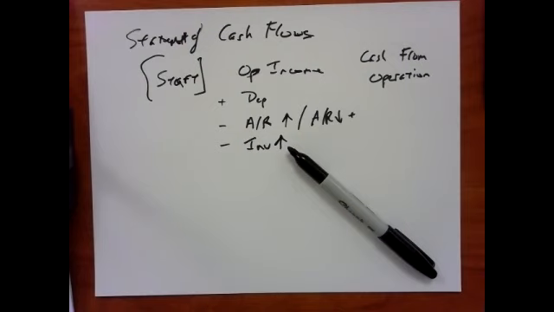So if my inventory level went from 1,000 up to 2,000, my cash would go down by the difference, or 1,000. There was an increase of $1,000 in inventory. In order to get that additional inventory, I had to spend an additional $1,000 in cash. So that's the thinking that we go through as we make these adjustments.